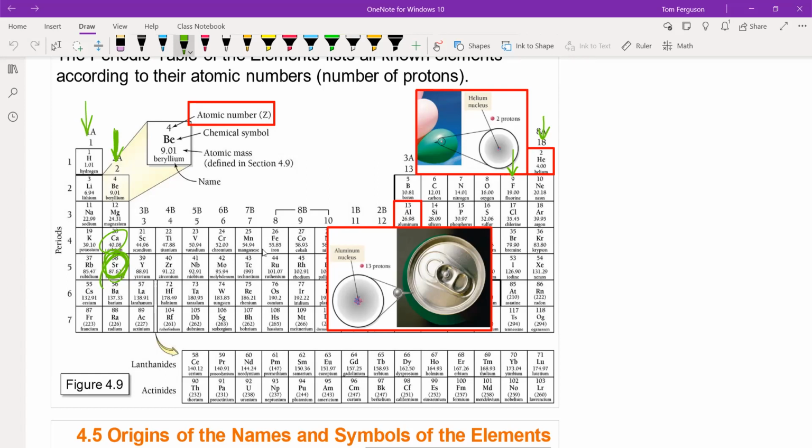Now you're going to have to know 4 groups. These first 2 and the last 2. Alkali metals is the first one here. We're going to call that group 1.